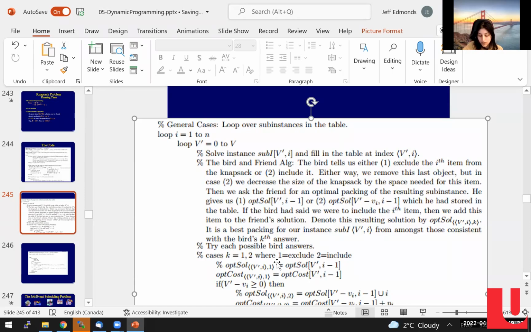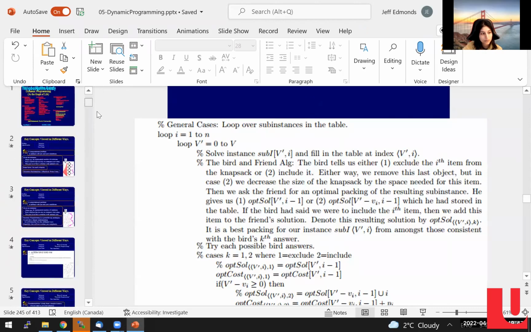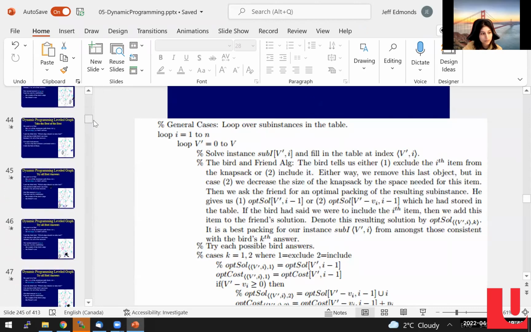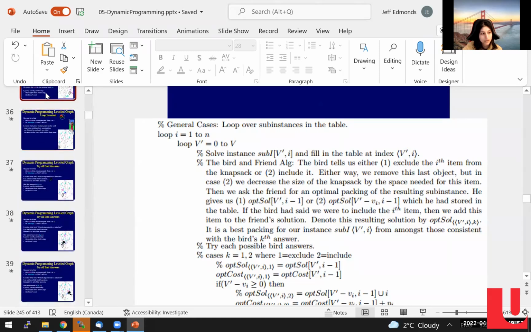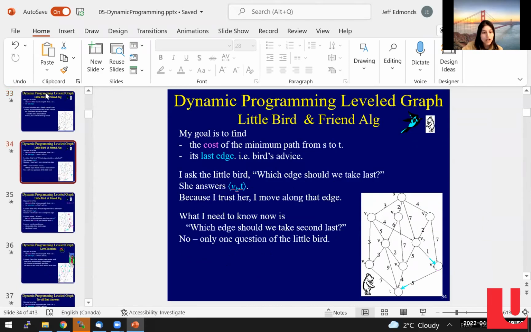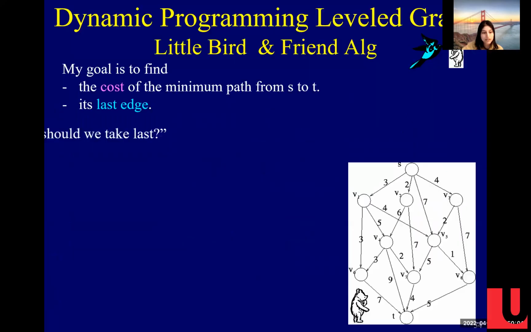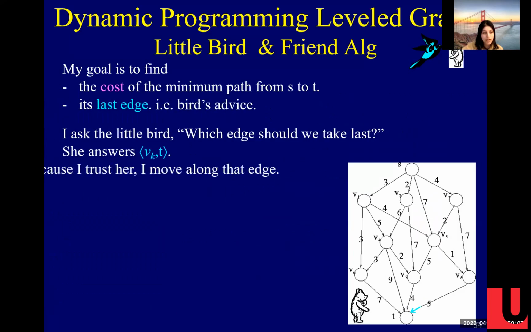Oh yeah, I have one more question. If we go to slide 34. Here I got a bit confused because it says you cannot ask a second question from the bird, but then on slide 37, we actually ended up asking a second question from the bird.